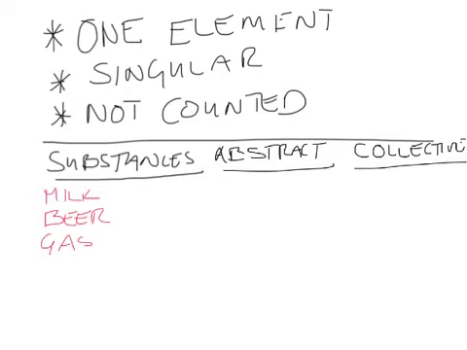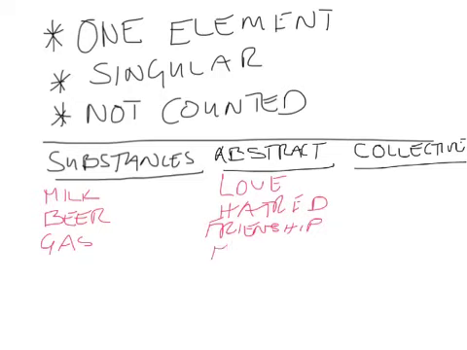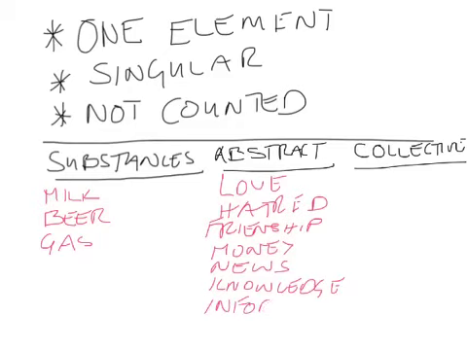Words such as love, hatred, friendship, when we talk about money, news, knowledge, information, etc. The opposite of something abstract is something concrete, which we can really see or touch, and abstractions are not visible, or we can't touch them with our hands.